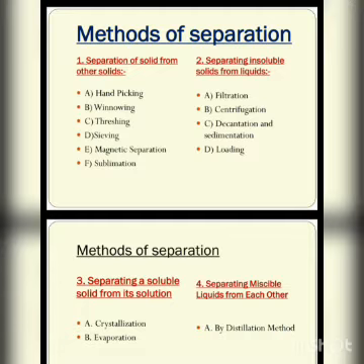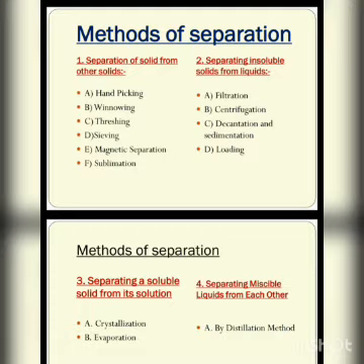We have to separate the salt from the water. Then we can use either the crystallization method or the evaporation method. The fourth method of separation is separating two miscible liquids from each other, which we can separate by the distillation method.